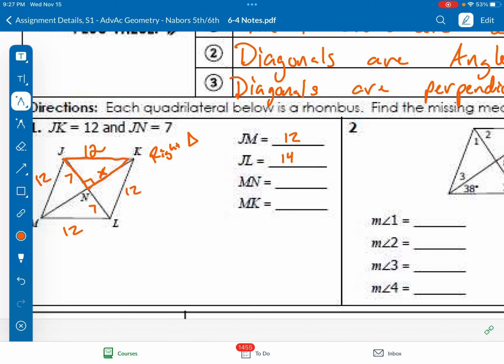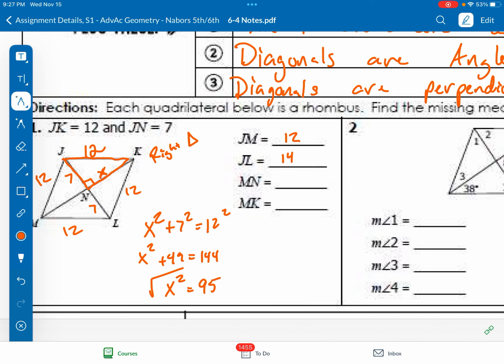Anyway, we want to find x squared. So x squared plus 7 squared equals 12 squared. So that's going to be x squared plus 49 equals 144. Subtract 49 on both sides, and we get x squared equals, doing a lot of math in my head right now, 95.